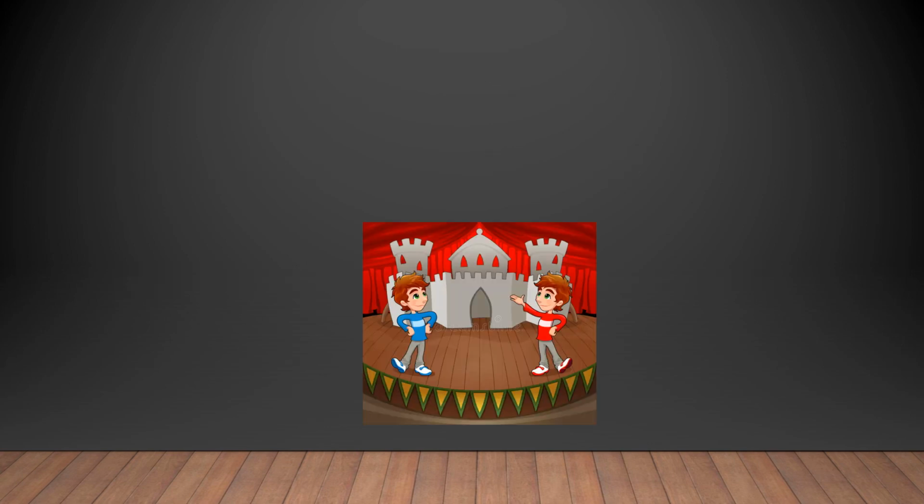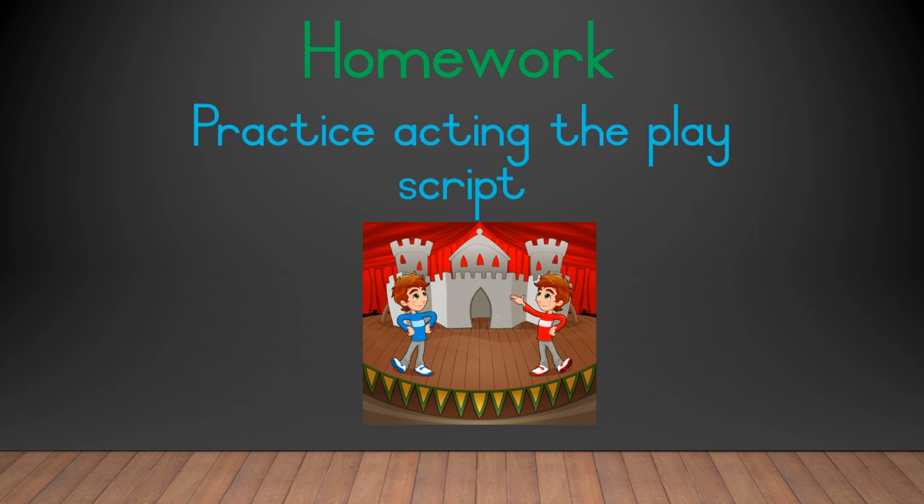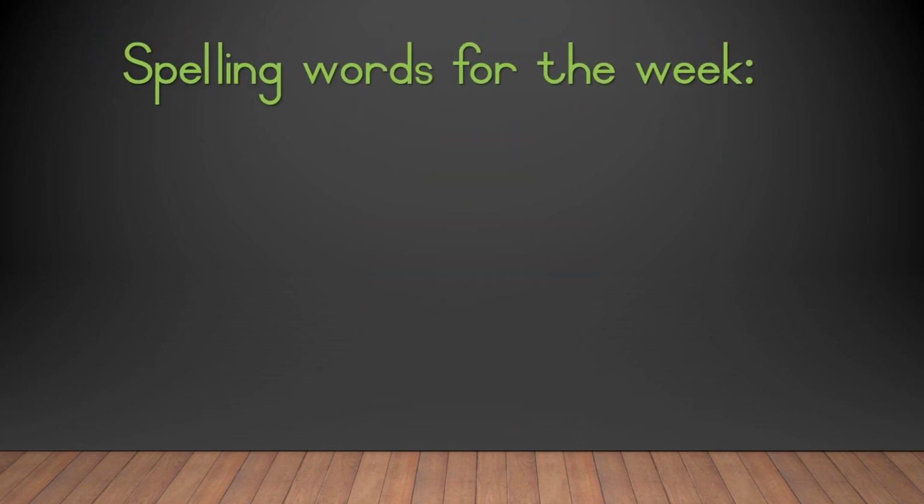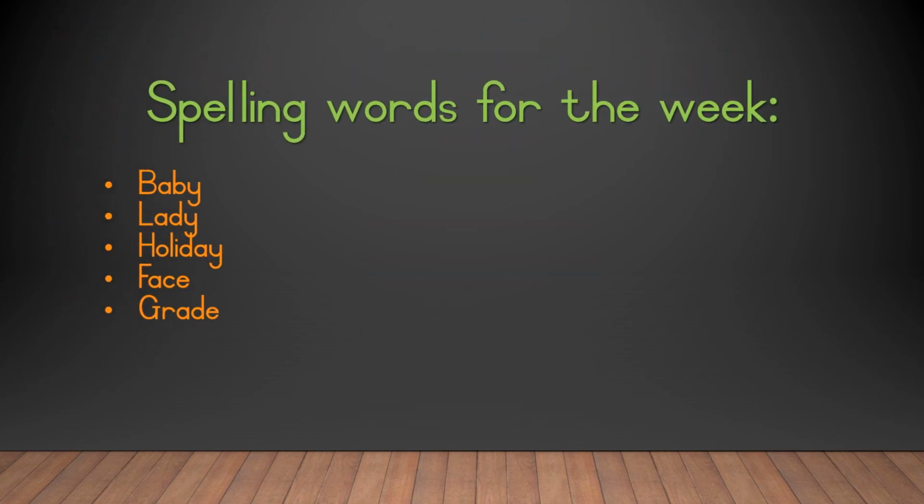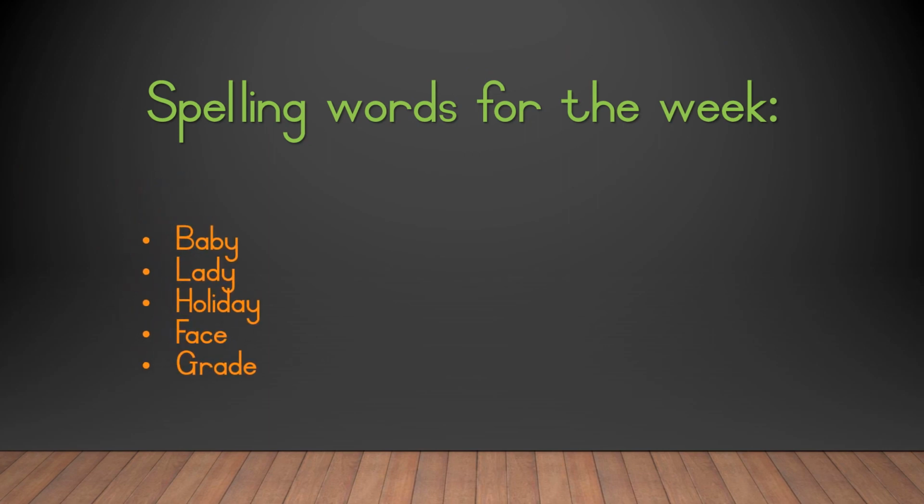Okay, the last part. A little bit of homework, but don't worry, it's lovely and fun. Okay, first part of the homework is, I want you to practice acting that Playscript, the one about King Midas and his golden touch. Second part is, I want you to practice 10 spelling words for me. The words: baby, lady, holiday, face, great, maid, display, afraid, sprain, and mermaid.